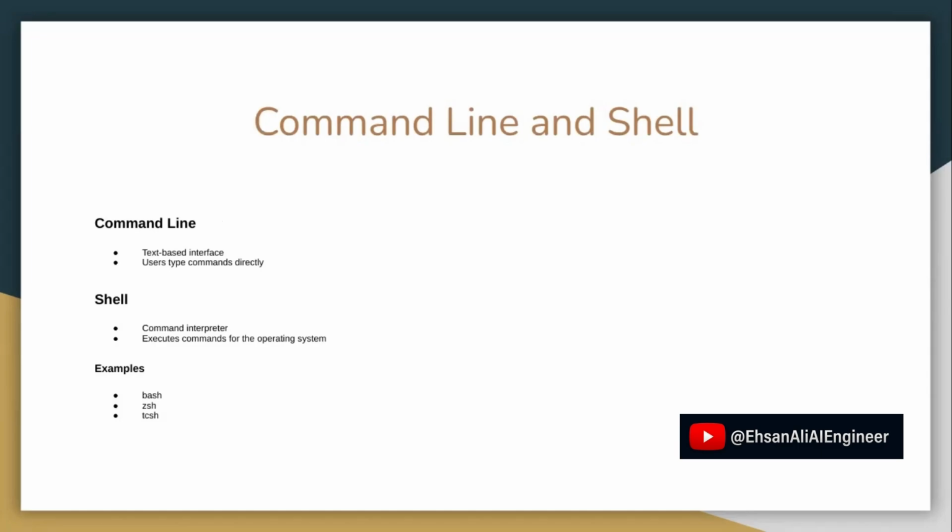Bash is the most commonly used shell and it is the default shell on many Linux distributions. Other popular shells include ZSH and TCSH. Although graphical interfaces are useful, the command line remains one of the most powerful features of Linux because it enables automation, scripting, remote administration, and advanced Linux management.